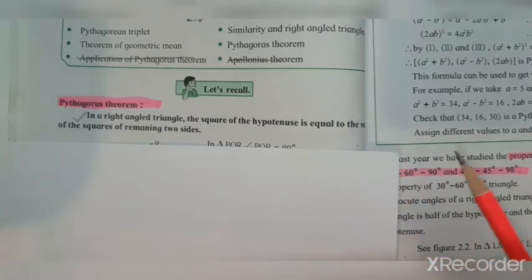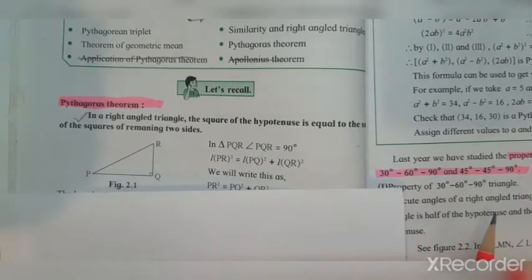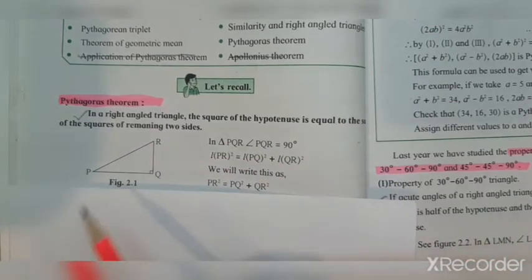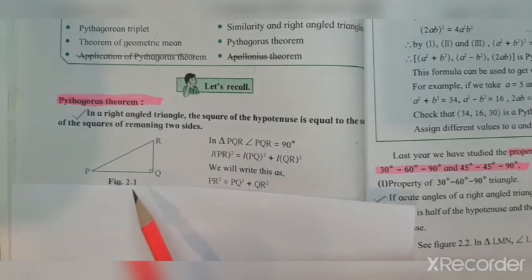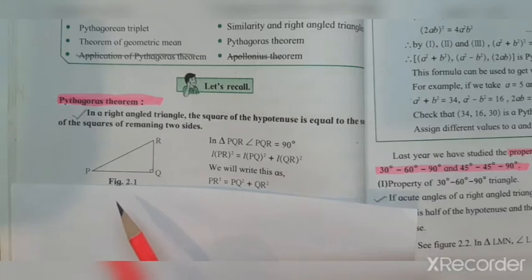The statement says in a right angle triangle. So it is very important that in order to learn Pythagoras theorem, we need a triangle, and that also a right angle triangle.